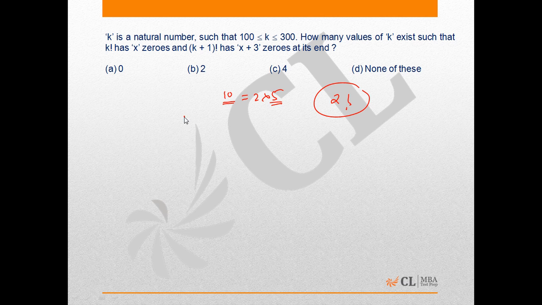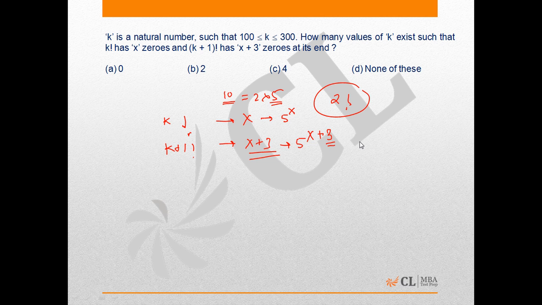It is given that if factorial k has x zeros, factorial k plus 1 has x plus 3 zeros, which means in factorial k there are x powers of 5, which means factorial k is a multiple of 5 raised to power x, and factorial k plus 1, which has 3 more zeros than k factorial, has to be a multiple of 5 raised to power x plus 3.